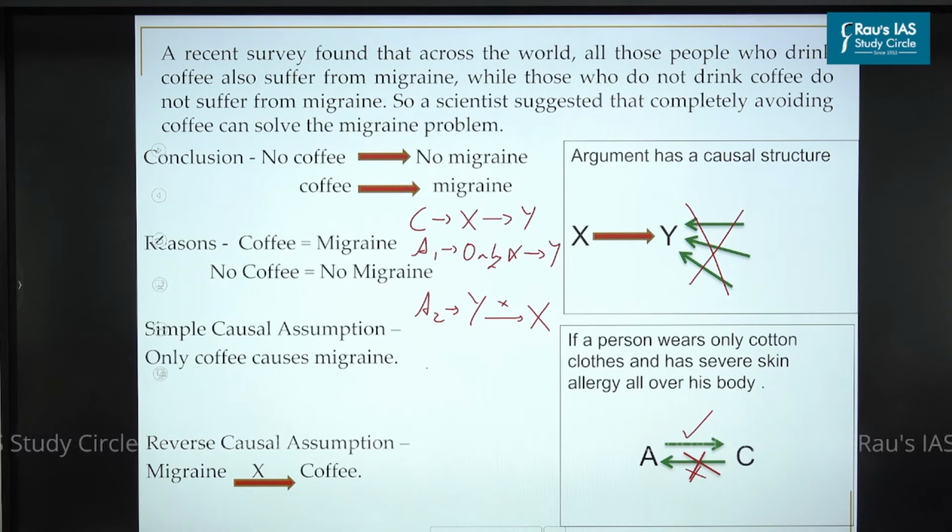For you to prove a conclusion which says it is coffee which causes migraine, you will have to take the assumption which says migraine does not make people drink coffee. That's the basic logic. But don't worry about the logic part. Just remember the formula. If the conclusion says X causes Y, the first assumption would be only X causes Y, and the second assumption would be Y does not cause X. X and Y will be different in the questions which you encounter.